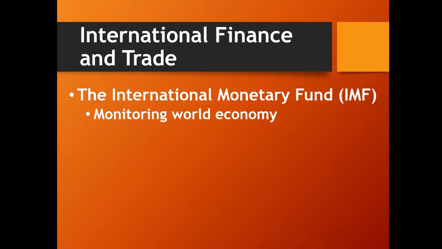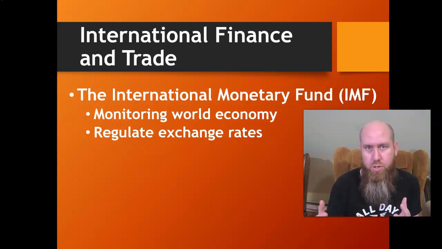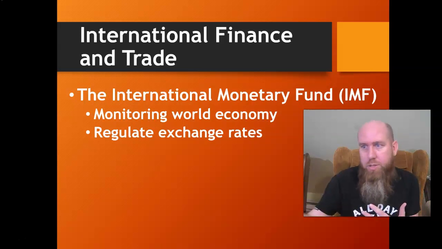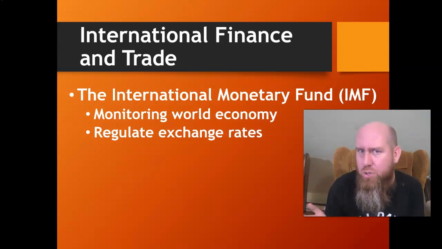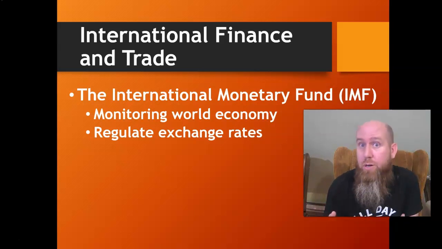In addition to just monitoring the world economy and providing advice to its member countries, all that information that it collects is used to make clear comparisons between currencies in different countries. And so the IMF helps regulate currency exchange rates. Remember, we had talked about this before. When you are trading with other countries, when you have to actually exchange your currency, or you have to work in their currency, or they have to work in your currency, you want to make sure that the exchange rate is accurate. You want to make sure you're not getting ripped off.